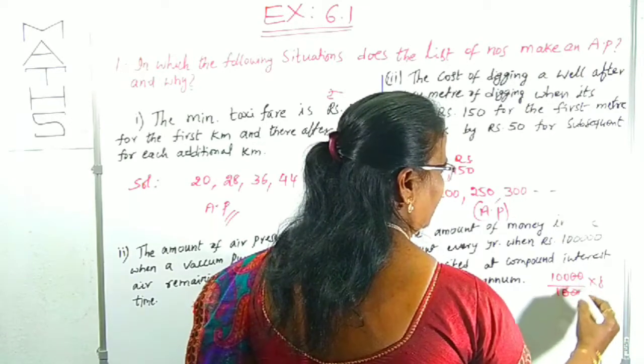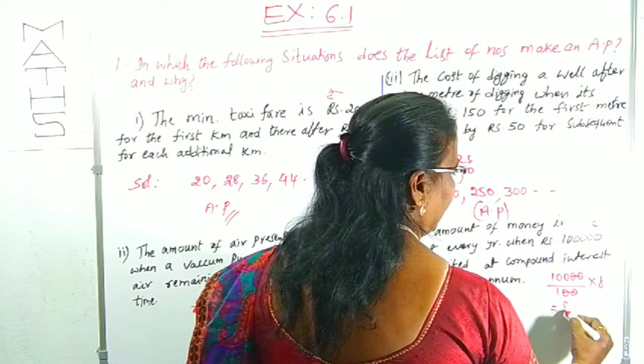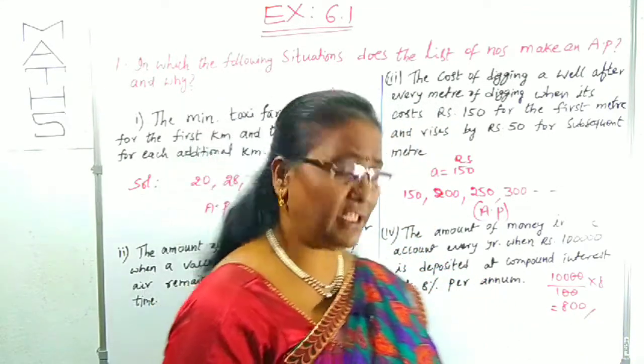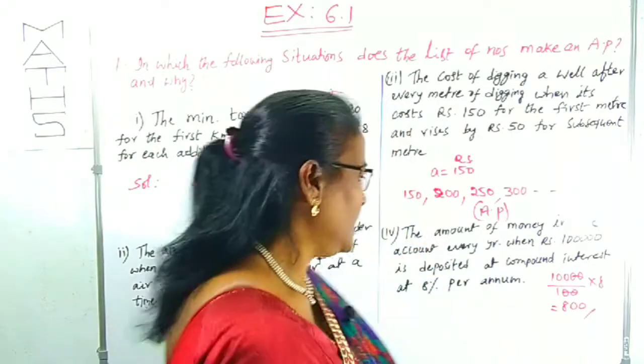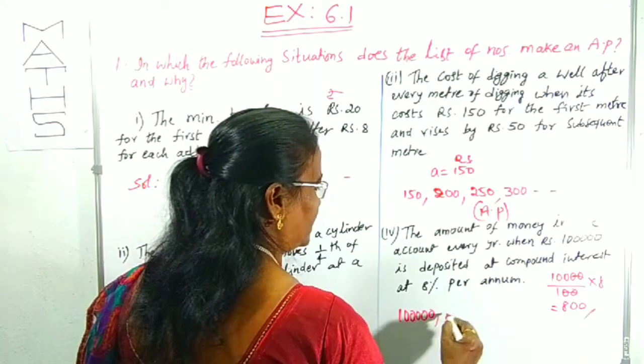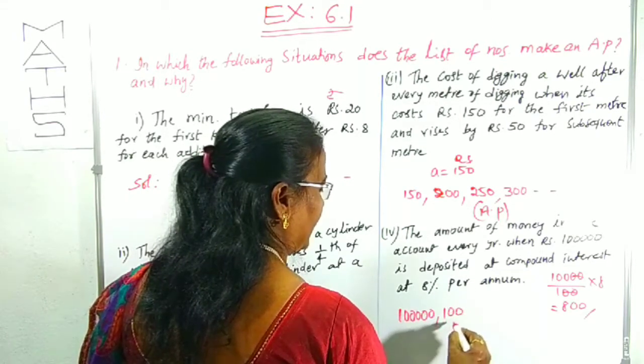This will be 800 rupees. So this is the 1 lakh first principal amount, and now it is 1 lakh 800.